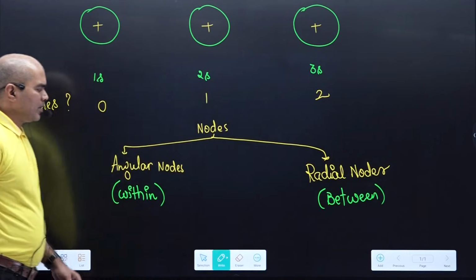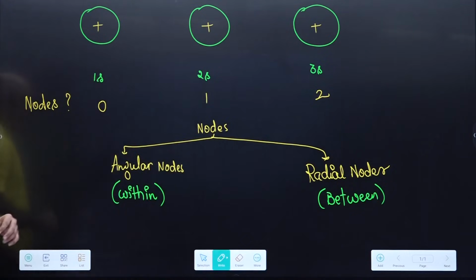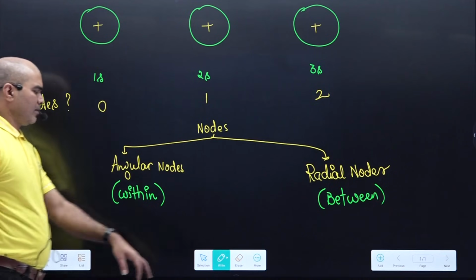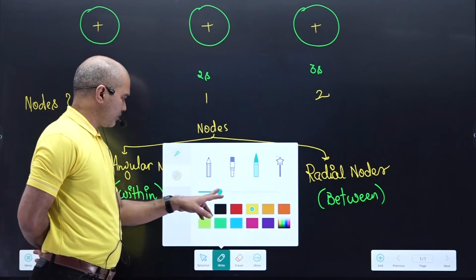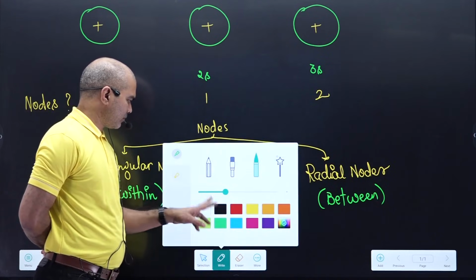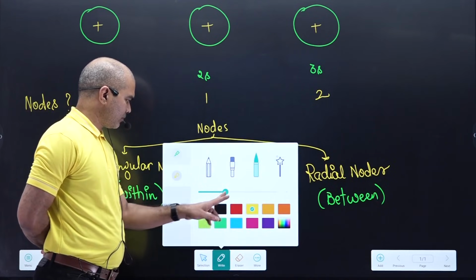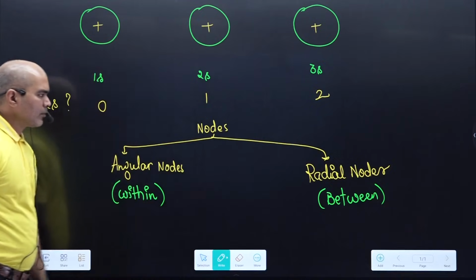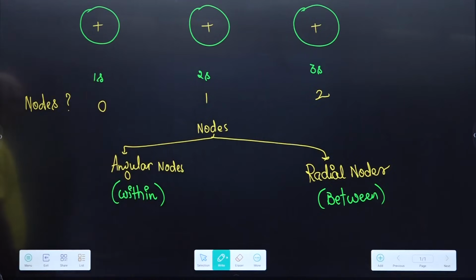In simple terminology, angular is within, radial node is between.